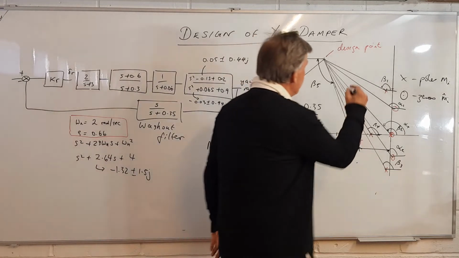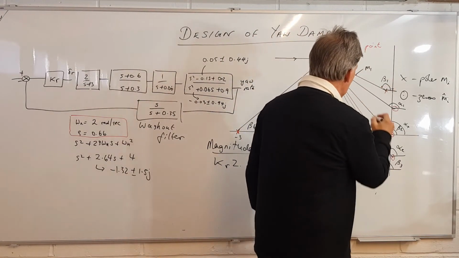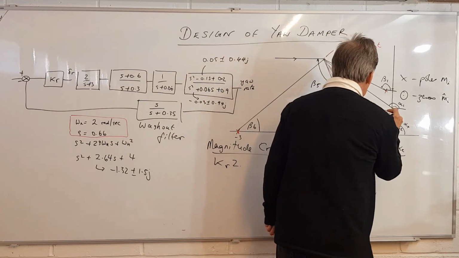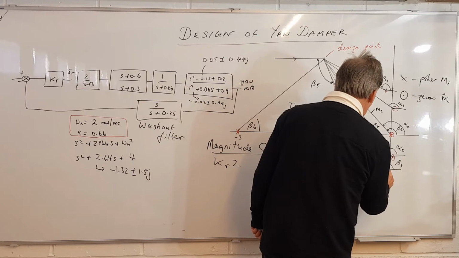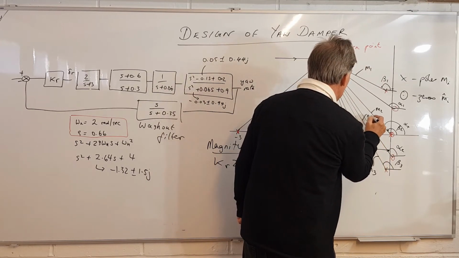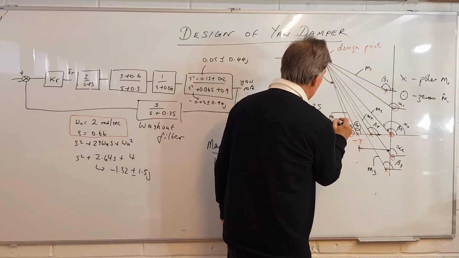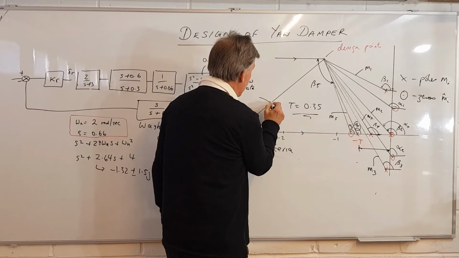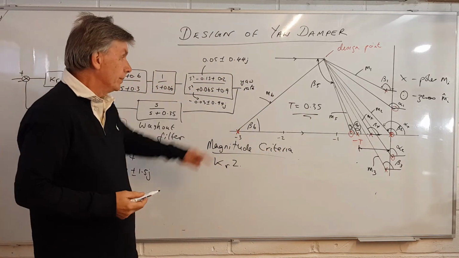We could measure this one here as m1, that one there as m2, that distance there as m3, that distance there as m4, this distance here could be m5, and finally that one there would be m6. So they're all the distances associated with the poles.